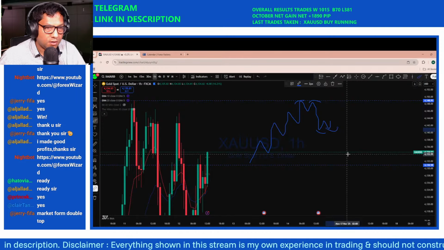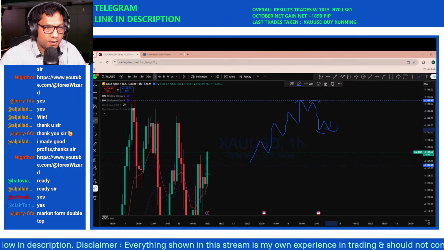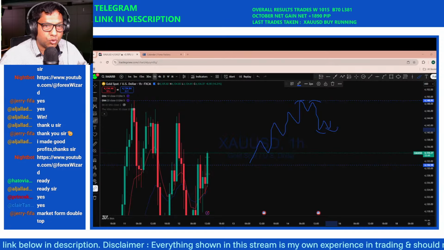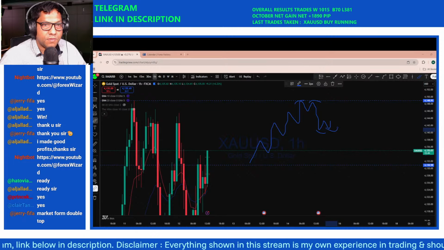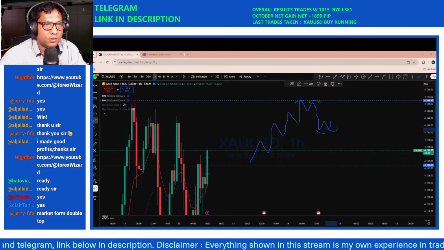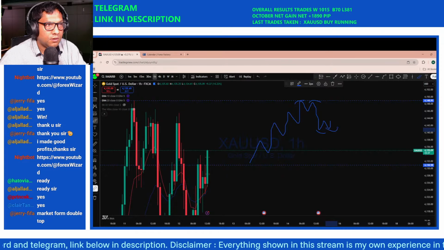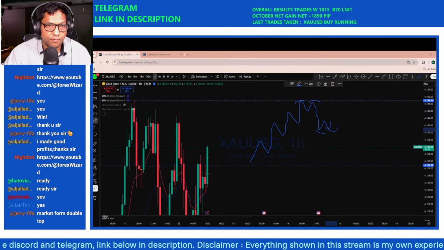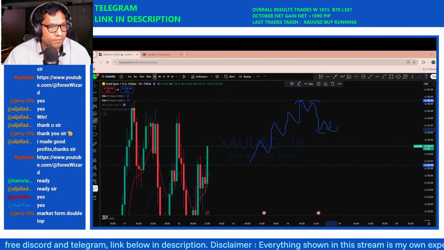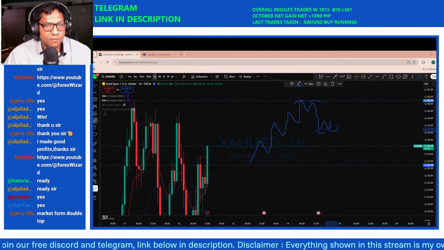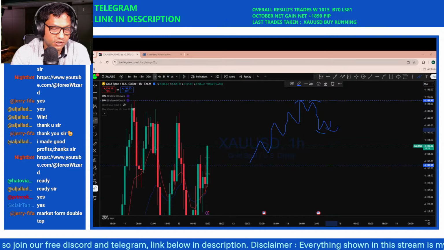One, you can pick just randomly, but that's not expected. You need to know the reason for choosing. That's where you become a better trader. So one is a double bottom, one is a double top.